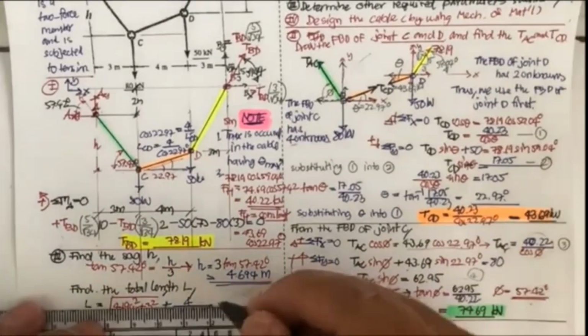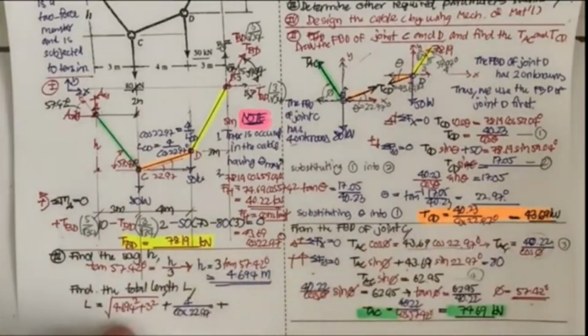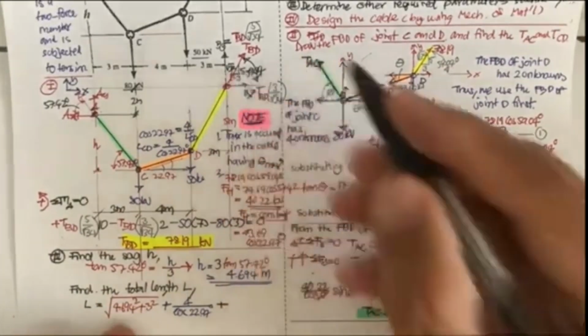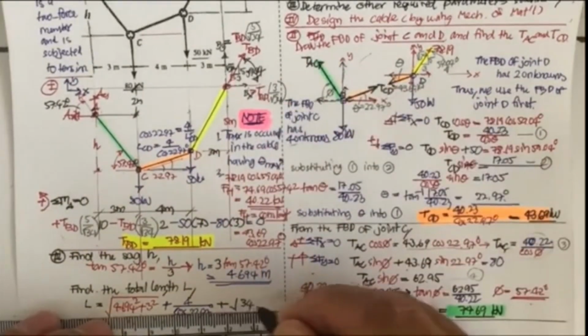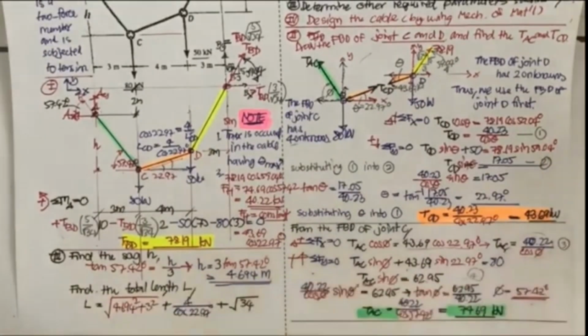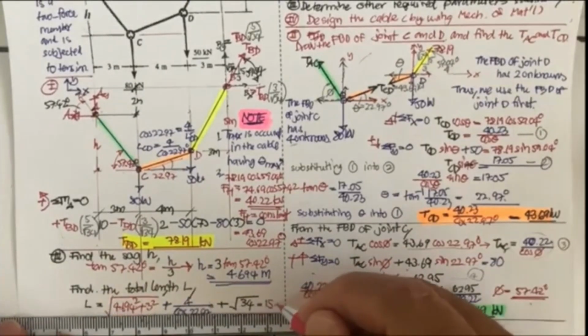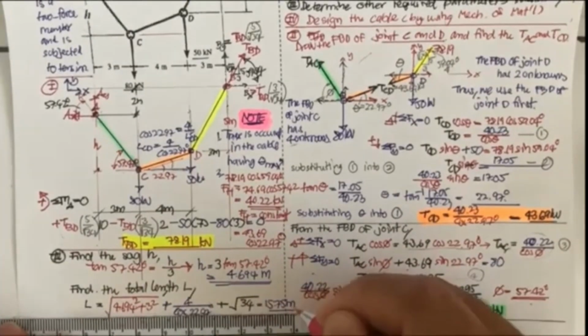And the last one is the length of this. This is 5 square root 34, so that is going to be square root 34. So the length you may compute is 15.75. This is going to be 15.75 meter.